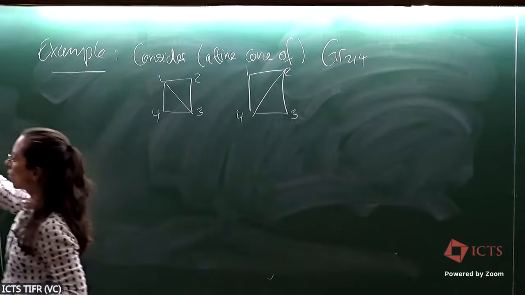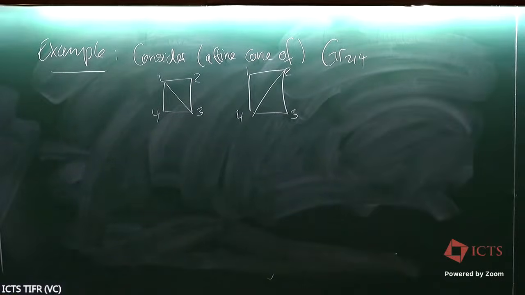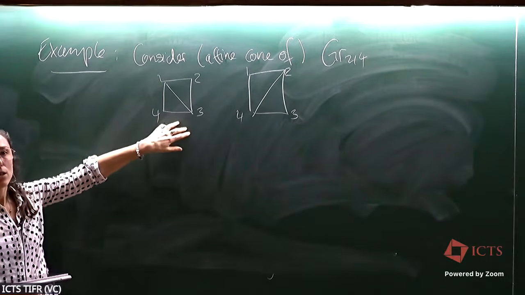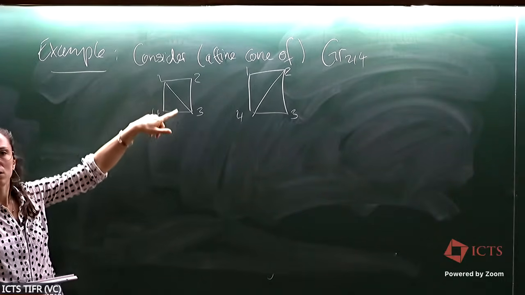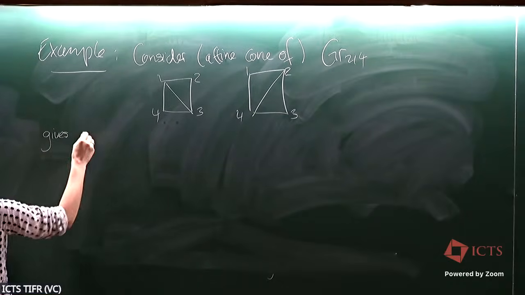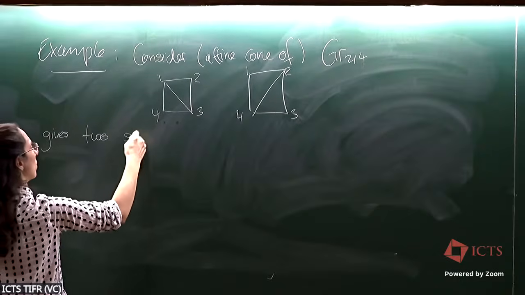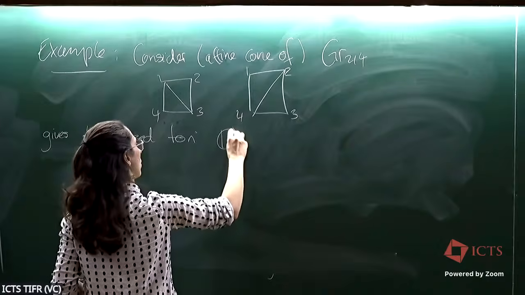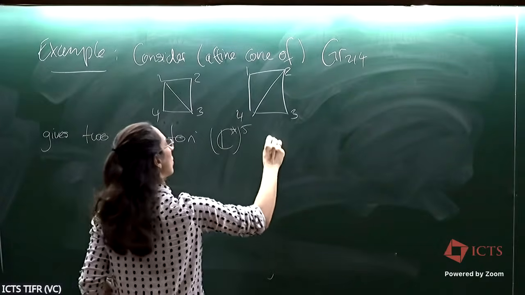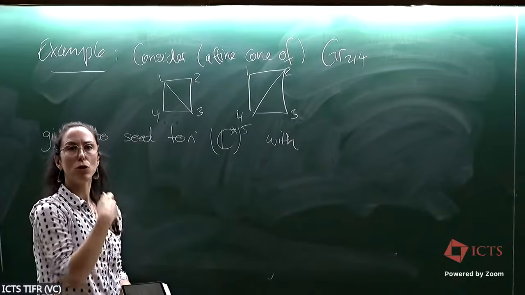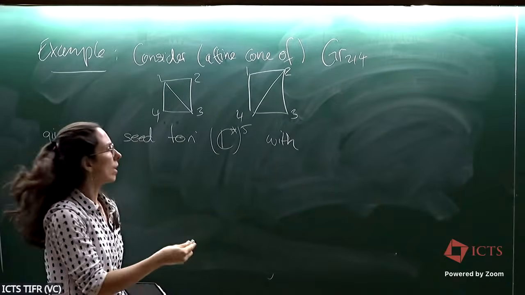And the cluster variety I will associate is now two copies of a torus, C star to the 5. The number of edges here is 5. And really what changes between these two tori is just the set of coordinates that I associate.